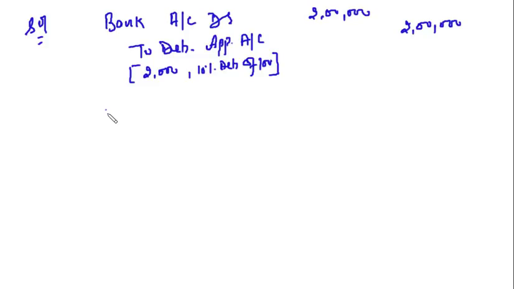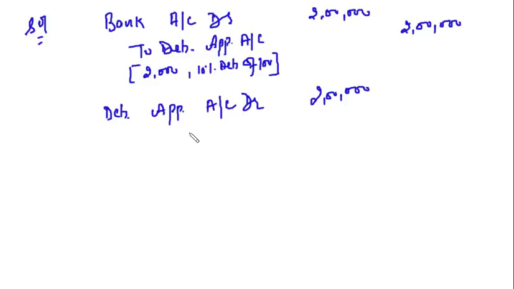So what will be the journal entry? Debenture application account debit, right? 2 lakh. Now you have taken 2 lakh rupees, but you have to pay at the time of redemption 2 lakh 10,000 rupees.